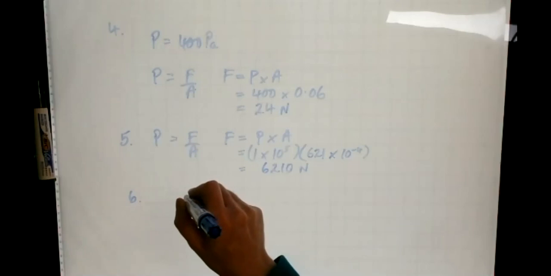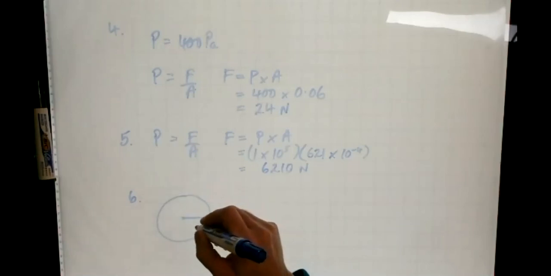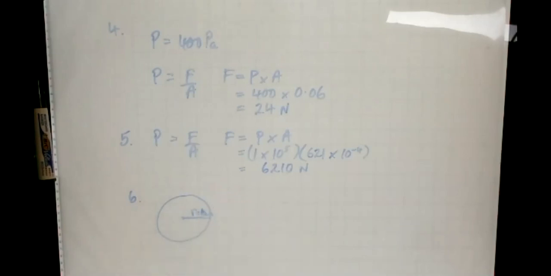Right, so they're using a disc, a circle. The radius is 10 centimeters, and the pressure is 500 Pascal. So what is the total force on one side of the disc?